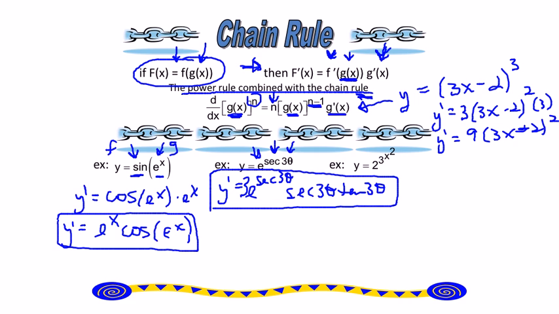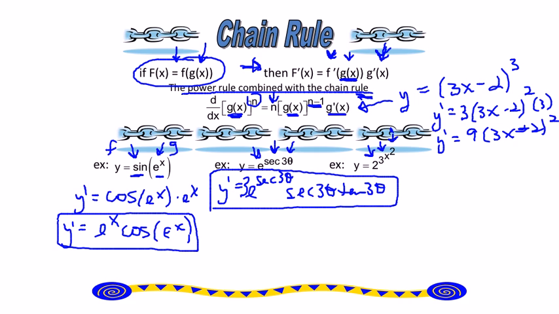Alright, our last one that we're going to work with is 2 to the 3 to the x squared. So yes, this is another awesome one. Our outside function is the 2, and then, similar to the other one, we have 2 other inside functions. The function inside of 2 would be 3 to the x squared, and the function inside of 3 to the x squared is x squared.